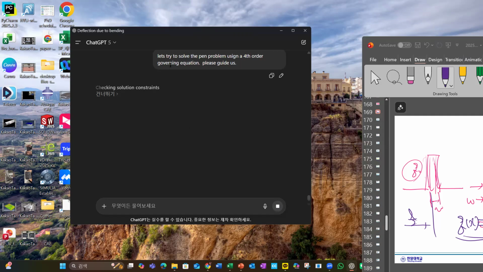Maybe my prompt is not so clear. That's why it takes some time. I just gave a direction, the first order governing equation. I should say beam equation. I should say solve the PVC beam problem. That would make it more clear.